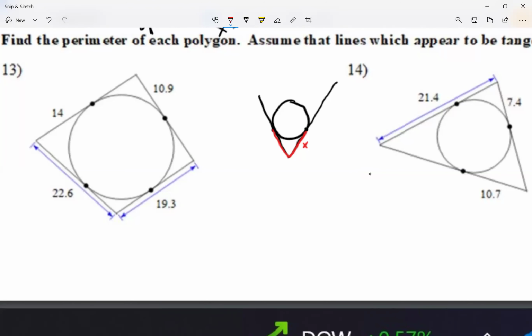I'm going to say this other tangent here is also X. So two tangent segments that meet outside of the circle have the same length. I'm not talking about degrees this time, I'm talking about the length of a segment. Two tangent segments that meet outside of the circle have the same measurement, same length.